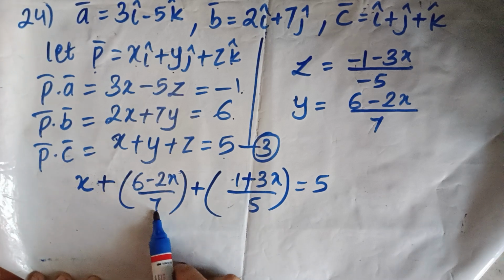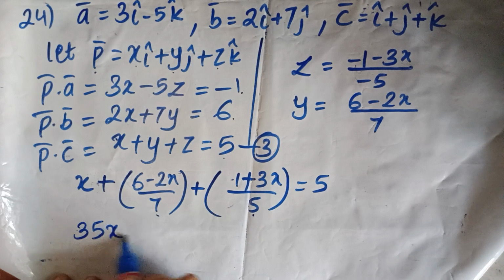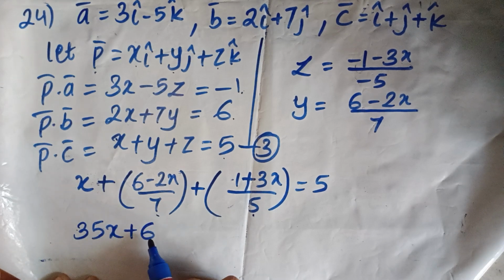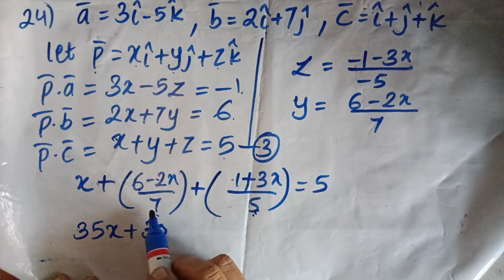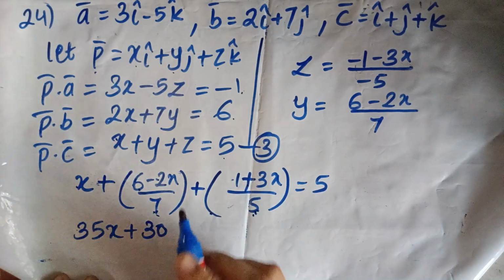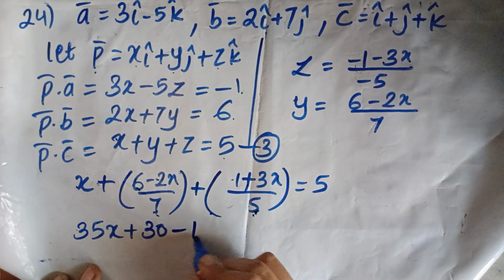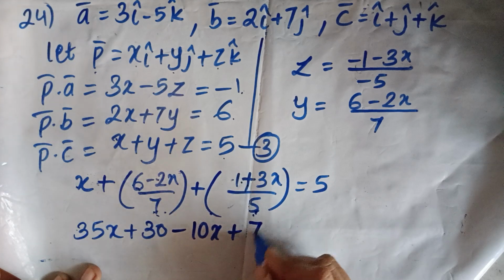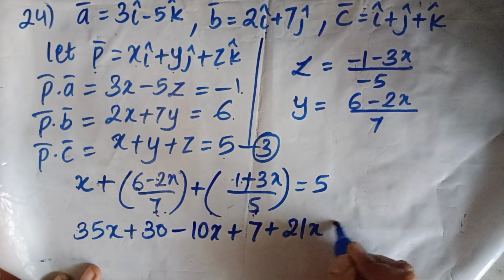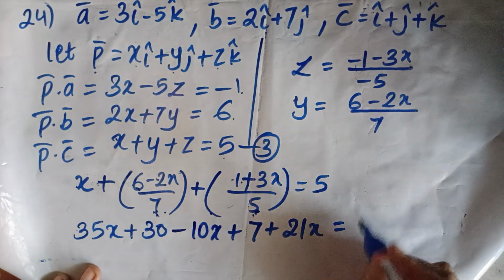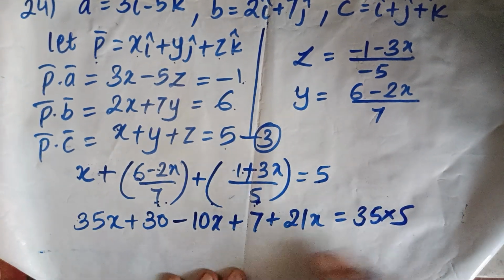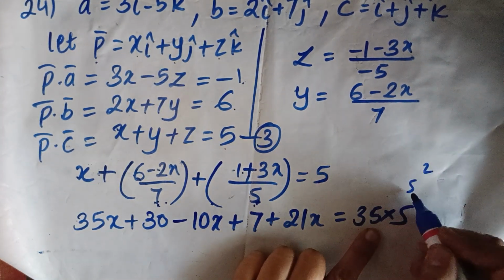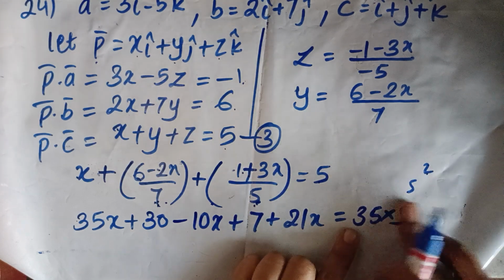So cross multiplying, 35x plus 6, no, it is 5 6 30. You have to cross multiply like this, then multiply like this, and then multiply it here. 7, 21x, and this is 35 into 5. So this is 25, 175.